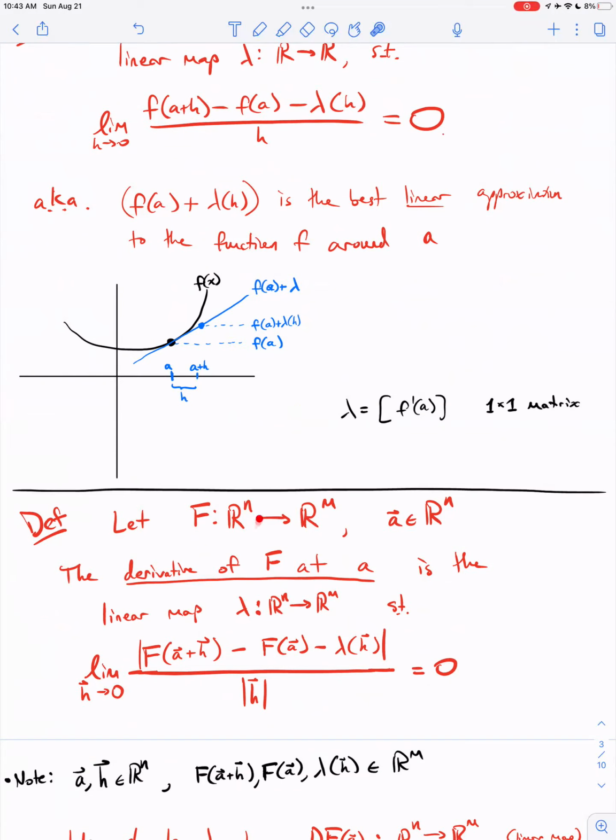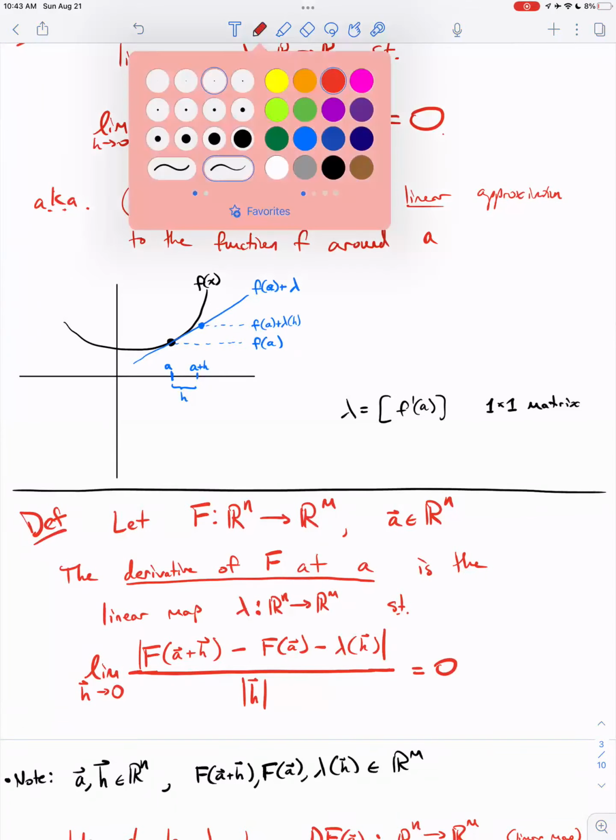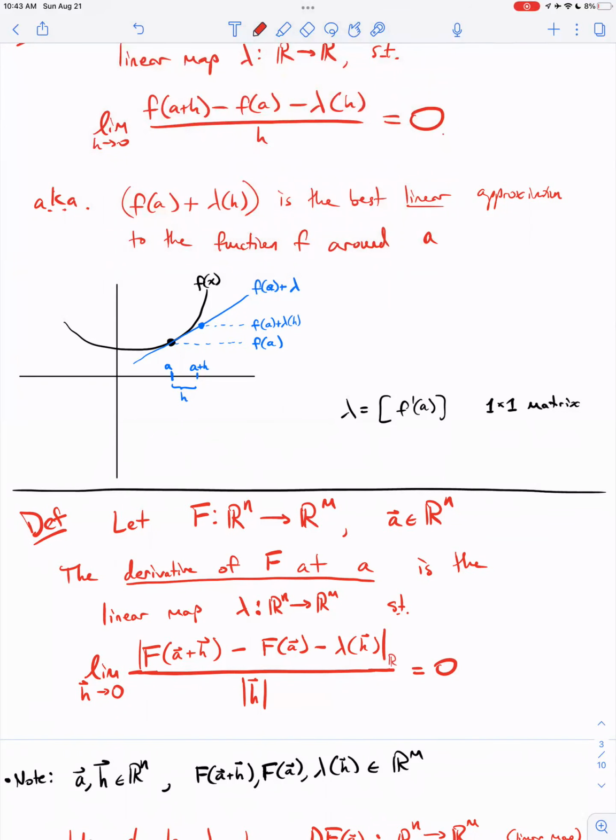If we have a function from Rn to Rm, a multivariable function that is vector valued, then the derivative of f at a, where a is a vector inside of Rn, a position in this vector space, is the linear map Rn to Rm such that this difference quotient, where now everything is vector valued, goes to 0, but we take norms of the numerator and the denominator individually. This norm is a norm in Rm, and this norm is a norm in Rn.